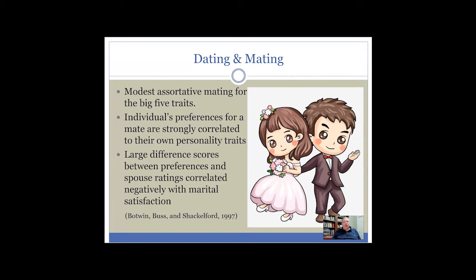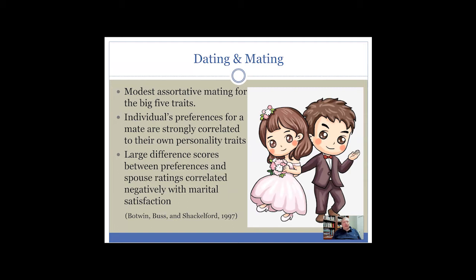We also assessed their mate preferences for each of the 5 traits and found those were strongly correlated with both the individual's ratings of their own traits and their ratings of their partner's traits.